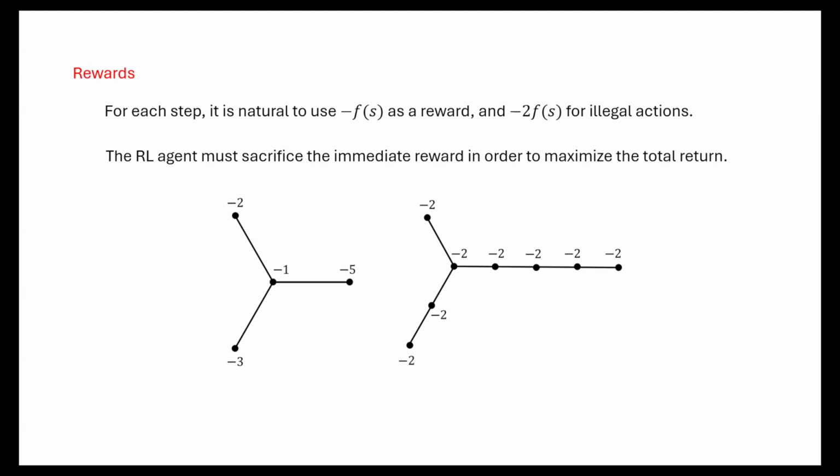The reinforcement learning algorithm is designed to maximize the total return. So sometimes the RL agent must sacrifice the immediate reward in order to maximize the expected total return. For example, these 2 plumbing graphs are equivalent.